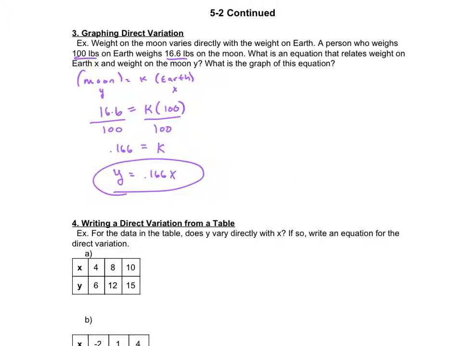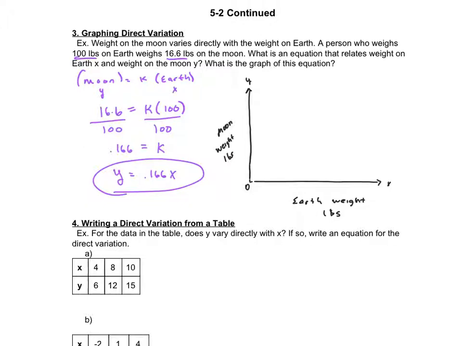Well, let's go ahead and make our coordinate plane. Okay, so I'm going to have the moon weight to the Earth weight, as stated, the y values and the x values. Moon's going to be y, my Earth weight's going to be x. And I'm going to be using a very small decimal, actually, for my moon weight.